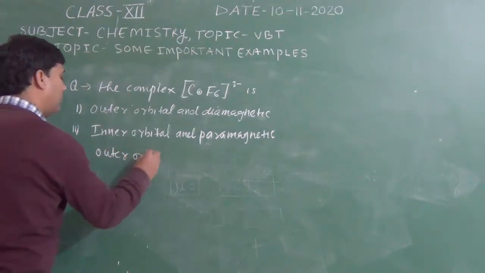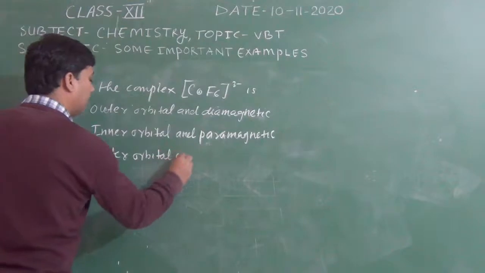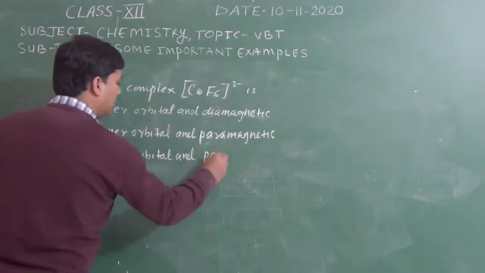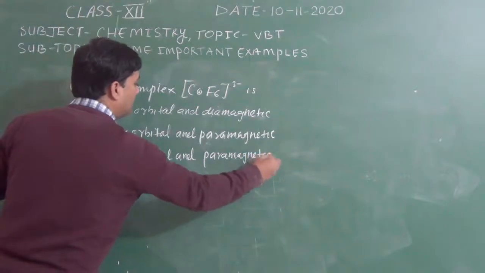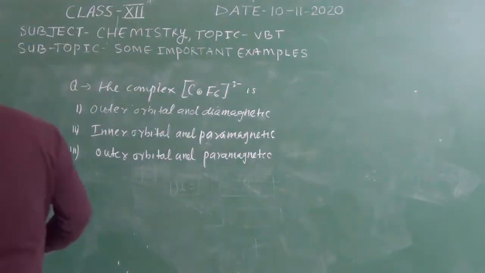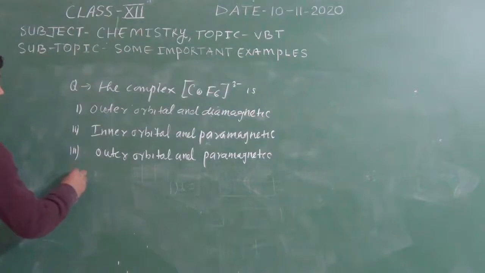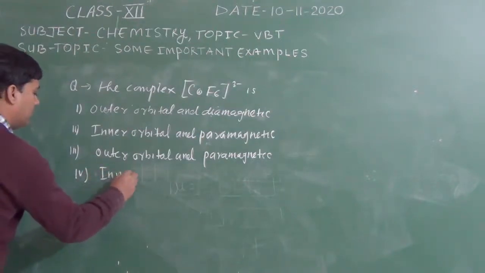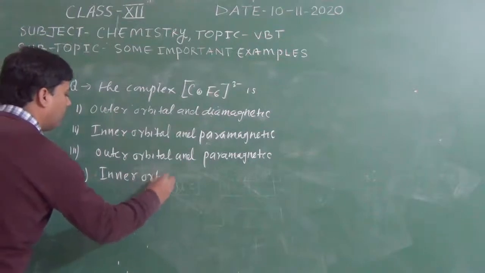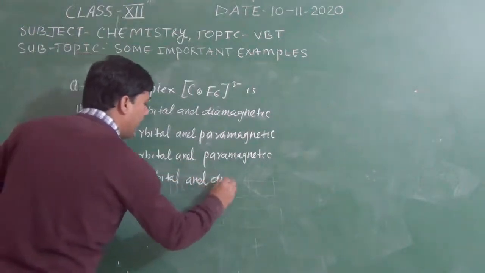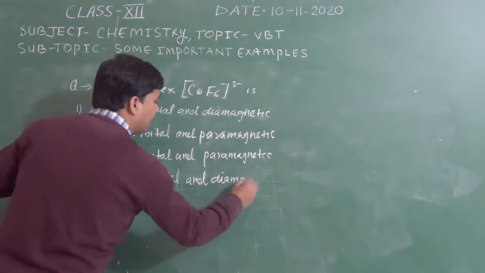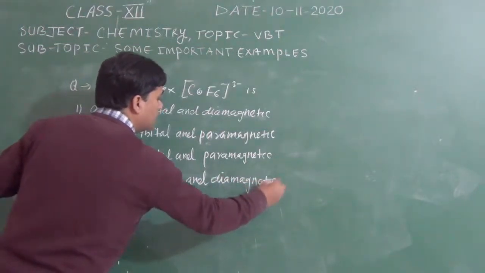And the last, fourth option is inner orbital and diamagnetic.